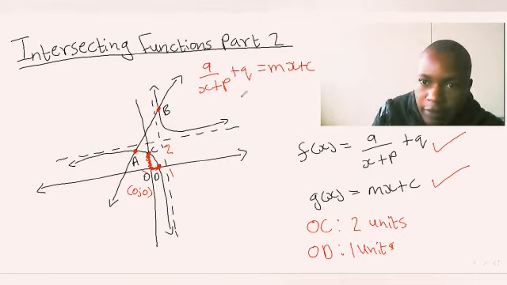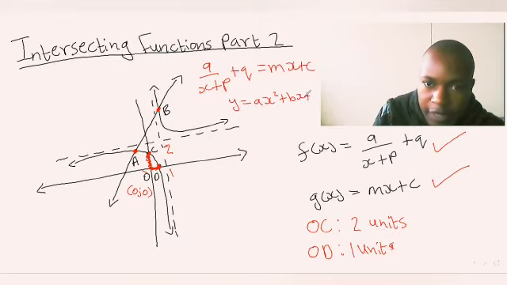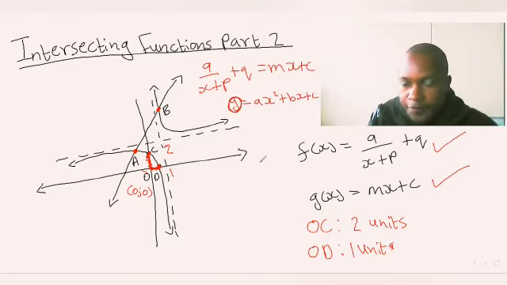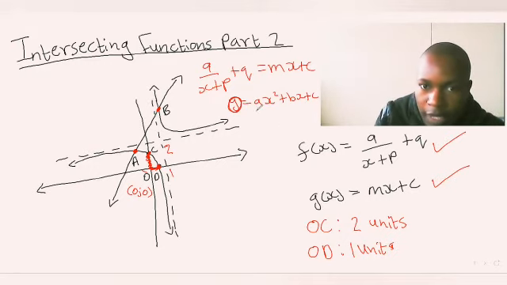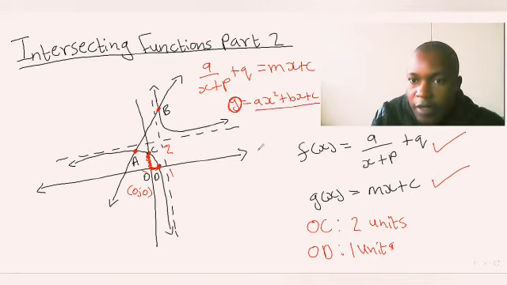That in itself would be of the form ax squared plus bx plus c equal to 0. Once you get this far, you would either factorize or use the quadratic formula in order to solve for x.